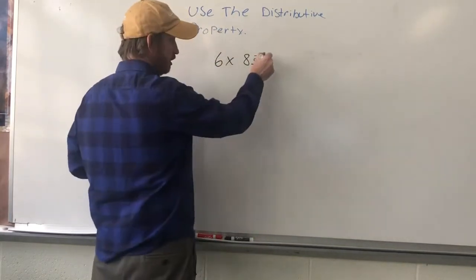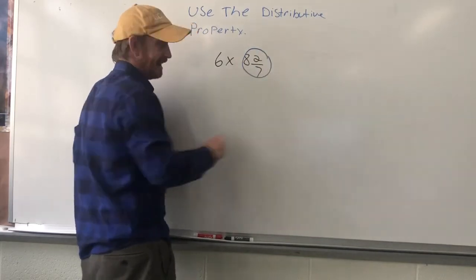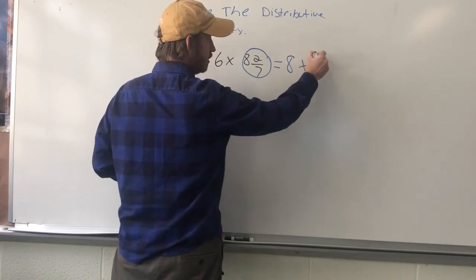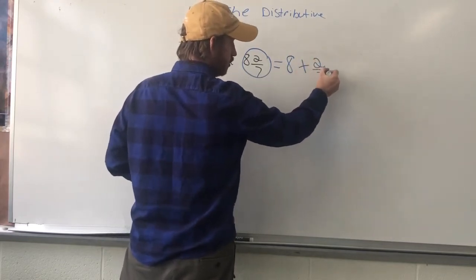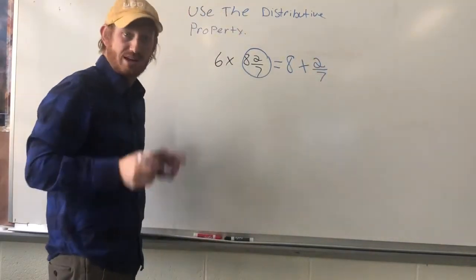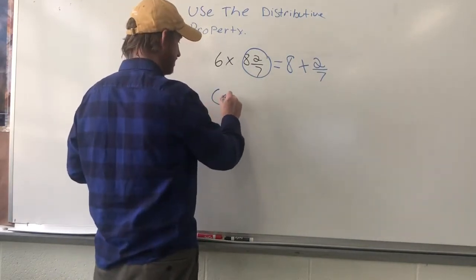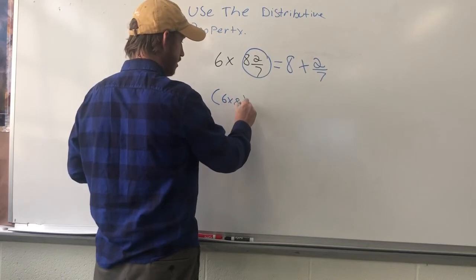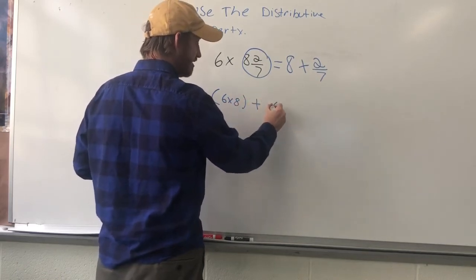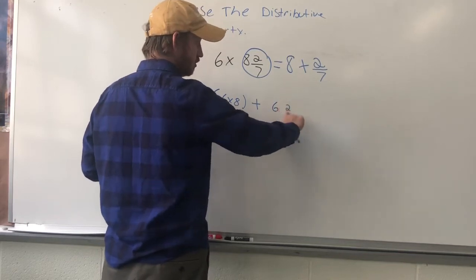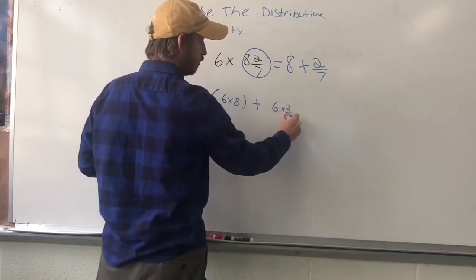Well, first thing I'm gonna do is take that 8 2/7 and break it up into 8 plus 2 over 7. Now, I can use the distributive property. I have 6 times 8 plus 6 times 2 over 7.